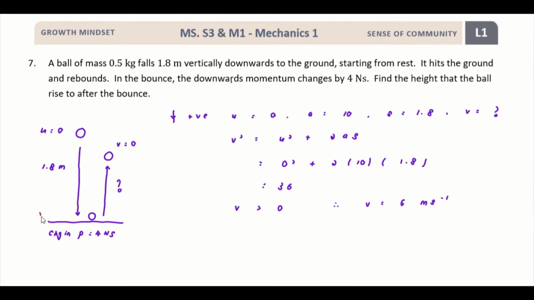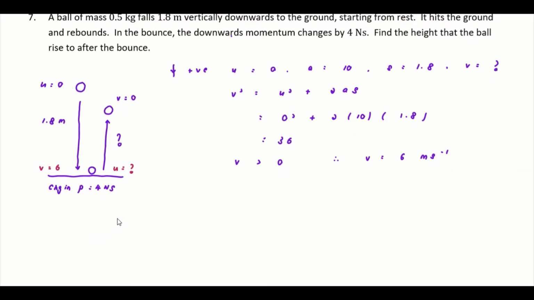When it hits the ground, the final velocity here is actually 6. We are interested to know what is the U here so that we can use another SUVAT equation to find out our displacement. How we are going to do that is to check the change in momentum. The change in momentum is given as 4, so you can see it's positive.